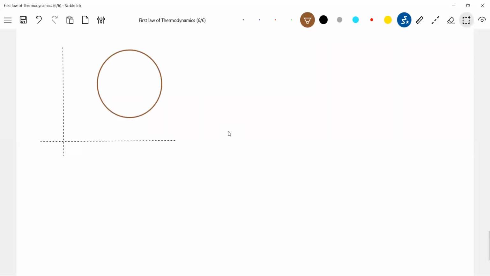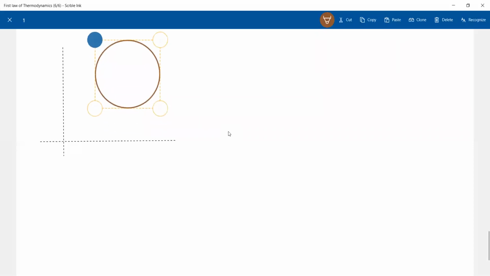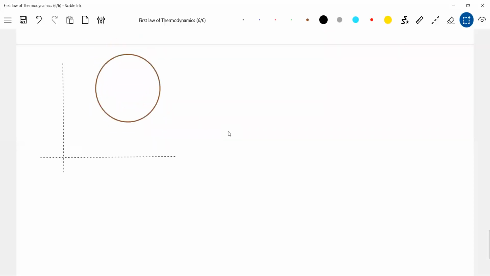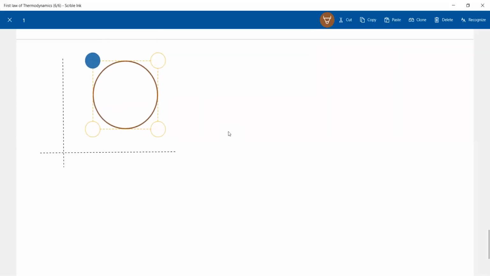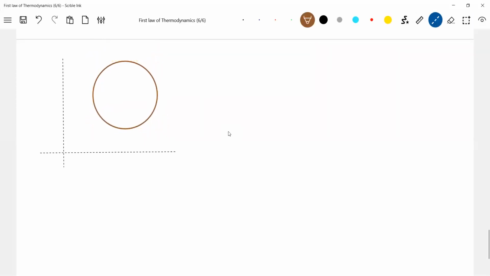Okay, this is a cyclic process. Let's go for indicating all the things.